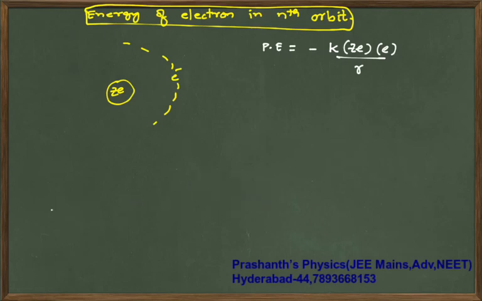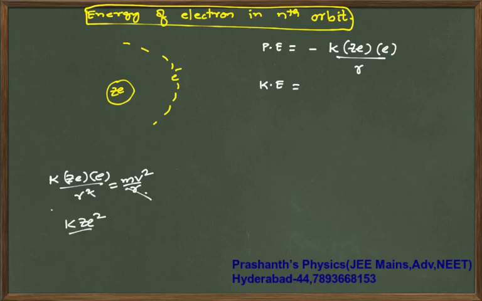Now if you take the kinetic energy, we know that the centripetal force is k z e square by r square, equal to mv square by r. From here one r will go off, and you get k z e square by r is mv square.